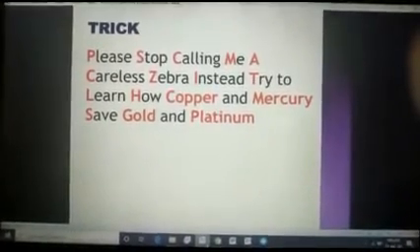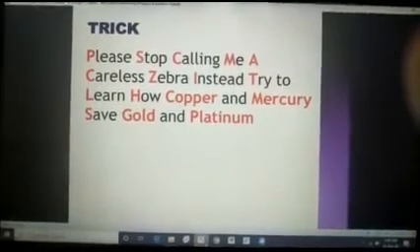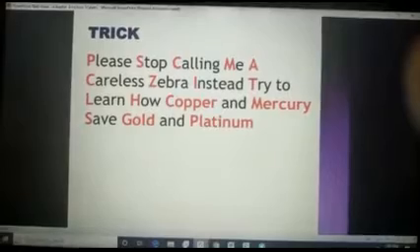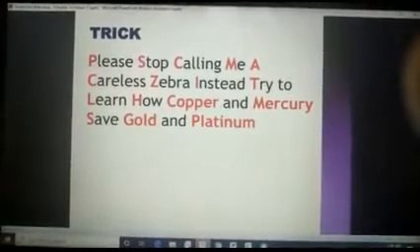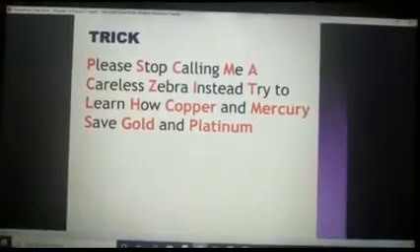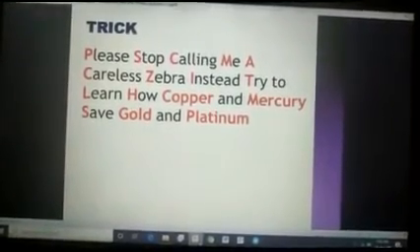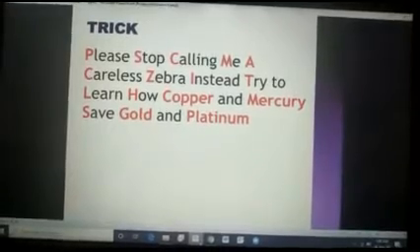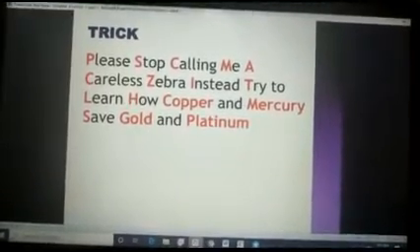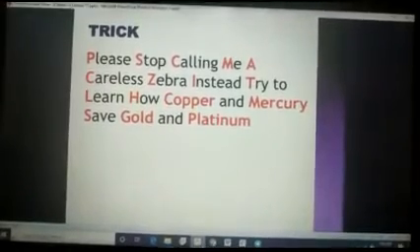P stands for potassium, S for sodium, C for calcium, M for magnesium, A for aluminium, C for carbon, Z for zinc, I for iron, T for tin, L for lead, H for hydrogen, copper, mercury, S for silver, gold and platinum. Okay, this is the series in decreasing order.